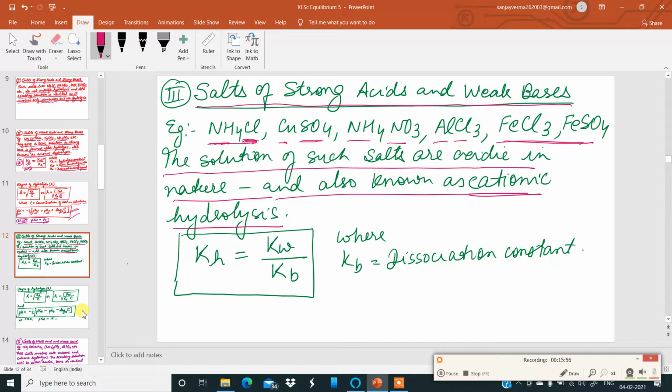Okay. So for these salts of strong acids and weak bases, the hydrolysis constant KH is equal to Kw by Kb, the ionic product divided by the dissociation constant of the base. So this is how to calculate the hydrolysis constant of a salt of strong acid and weak base.